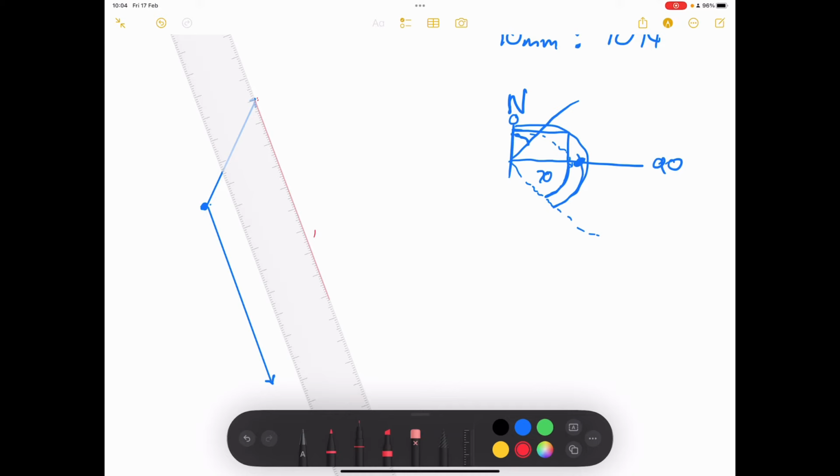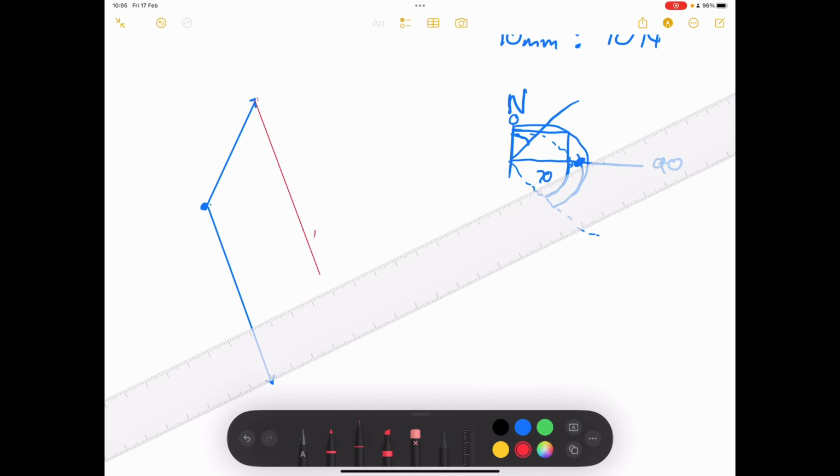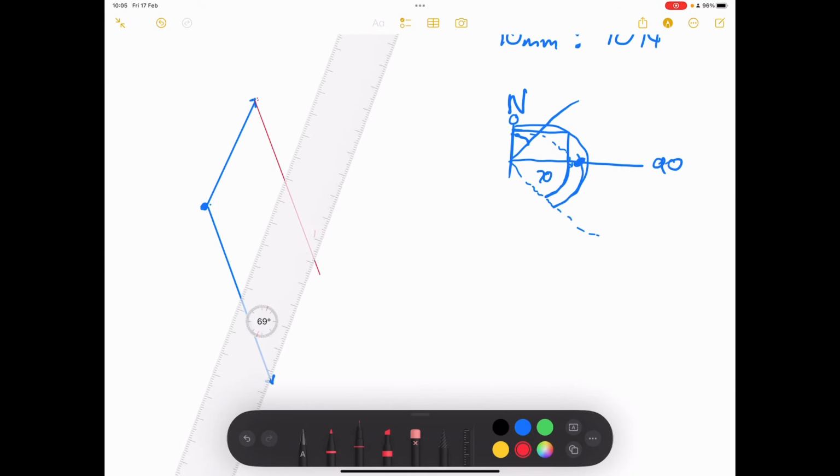Actually, I made it longer than it should be. So that's 1, 2, 3, 4, 5, 6, 7, and 8. So that should be our parallelogram on the opposite side. And all I'm going to do is connect that as well. So there is our parallelogram over that side.